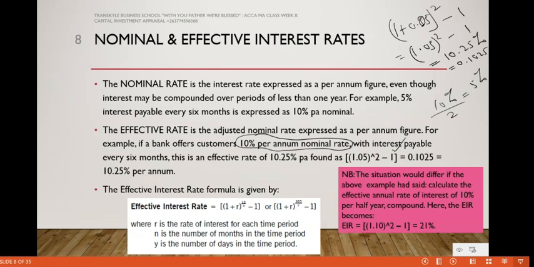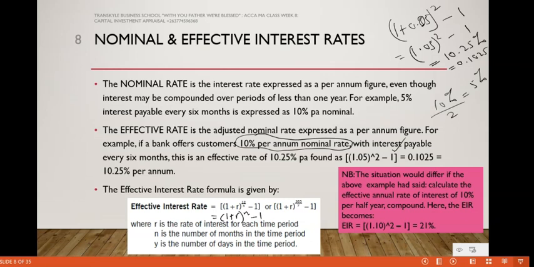So basically we have got this formula here, as you can see, where we are saying the effective interest rate is going to be 1 plus r to the power n minus 1. But remember, the n is subject to the wording of the question.